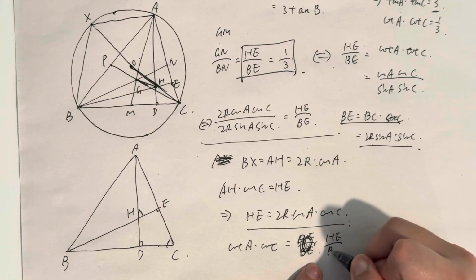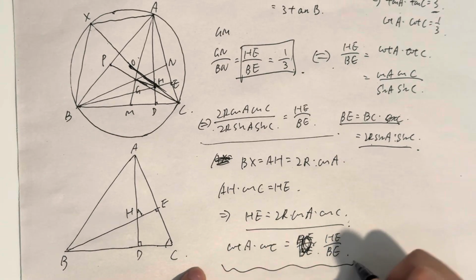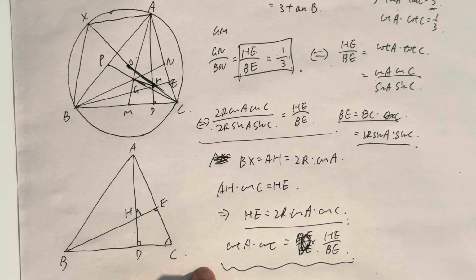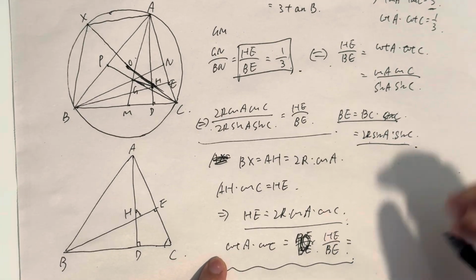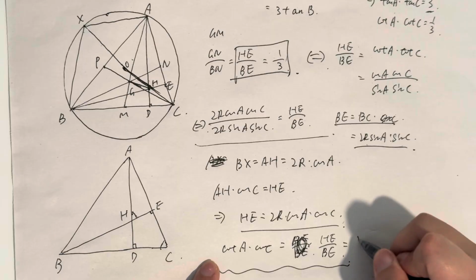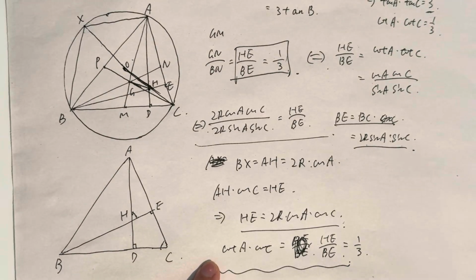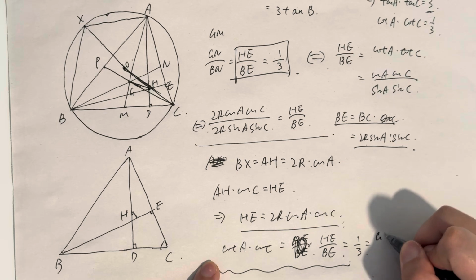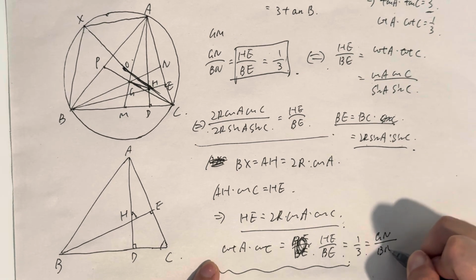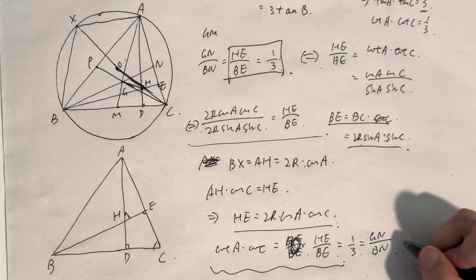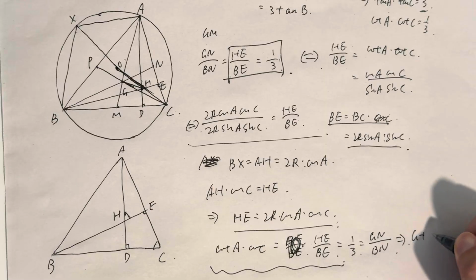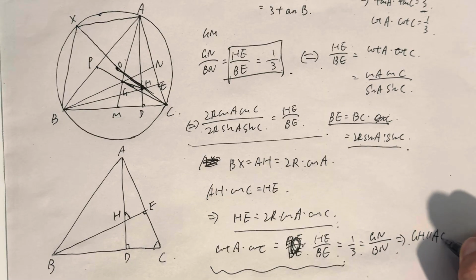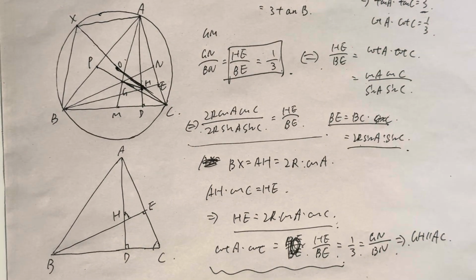This is always true. But in this problem, we know it also equals 1, 2, 3, which equals GN to BN, right? That means GH is parallel to AC.